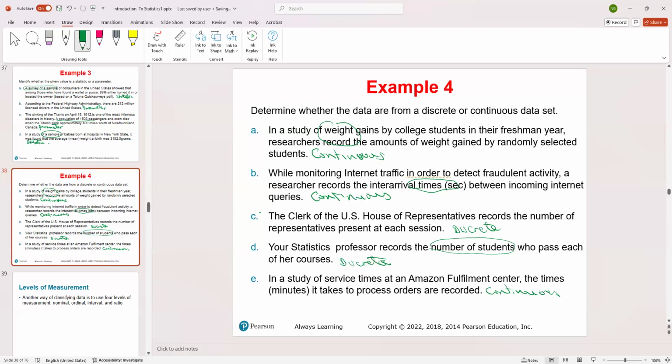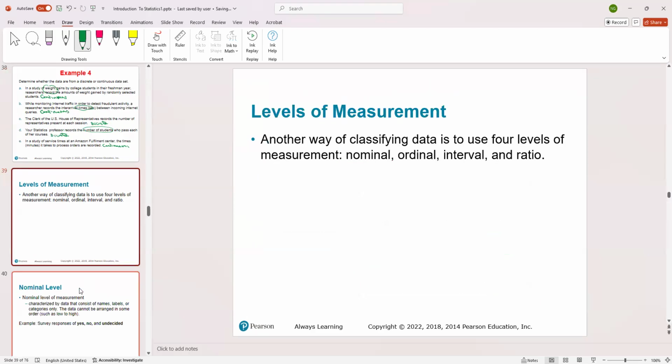So that's very important. Now, another very important topic we will cover is a way of classifying data, where we use four levels of measurement. We're going to use the levels of measurement that we call nominal, ordinal, interval, and ratio, right?